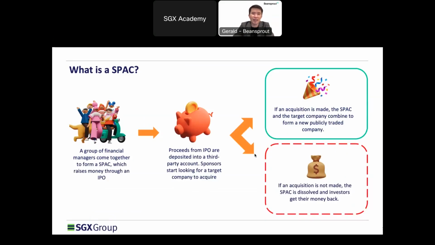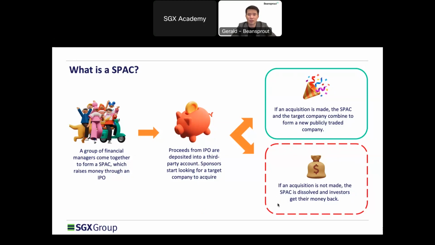Okay, so a SPAC is effectively a special purpose acquisition corporation. And how it works is effectively you've got a group of financial managers who come together and using a SPAC, they will raise money through an initial public offering. A SPAC is also known as a blank check company because the SPAC has no underlying asset at the point of the IPO.